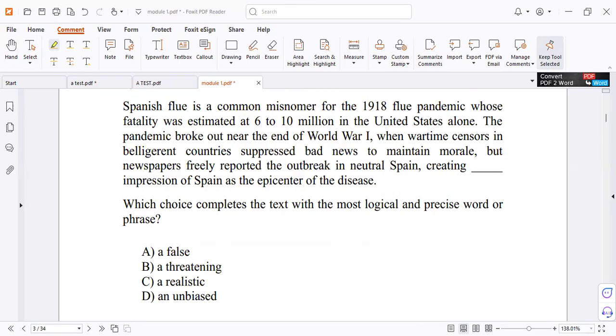So B? How? This is an adjective. Threatening impression. Where is the threat? A false impression? It is false, okay. But he said creating. Who or what is creating a false impression? He said but. So this is close, opposite to this. And we need to know why it says false impression.